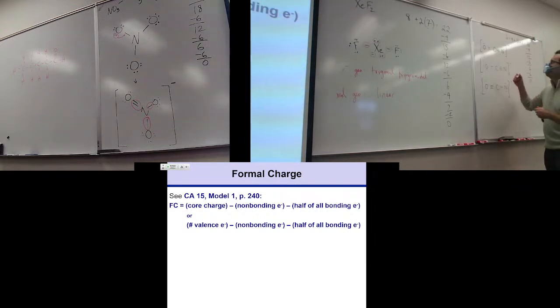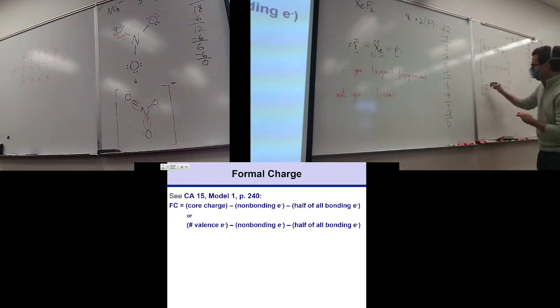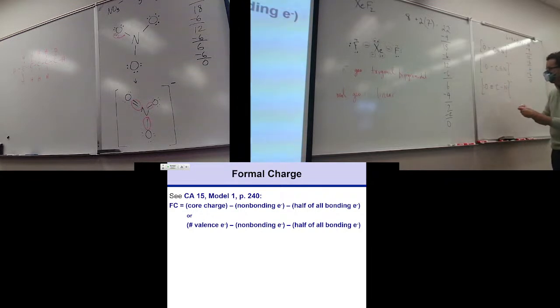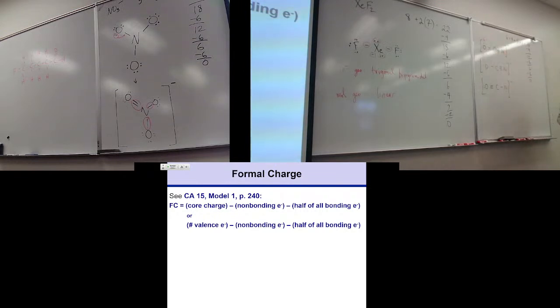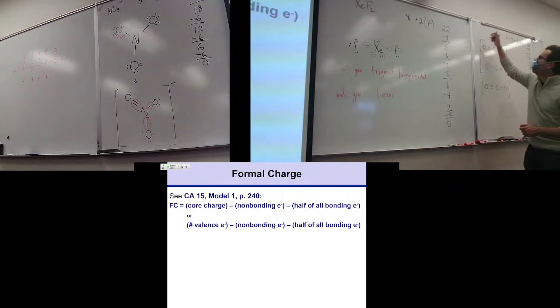So if I go through and, oh, I did this wrong. There should be 1 lone pair, not 2. Sorry, let me redraw that. My mistake. So let's go through and calculate the formal charge on every single atom in these 3 resonance structures. That oxygen comes with 6 valence electrons.